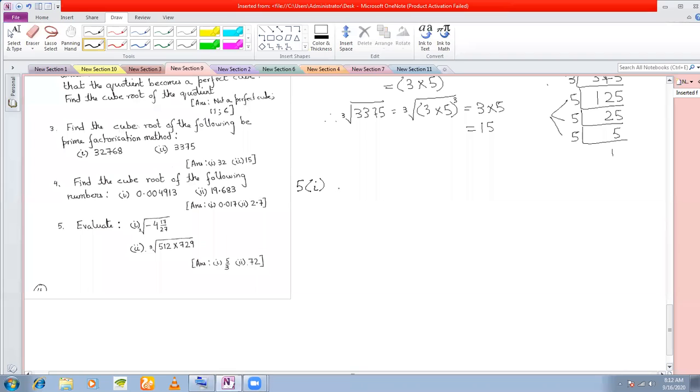Question is evaluate cube root of minus 4 17 by 27. First of all, this is a mixed fraction, so we convert it into an improper fraction.